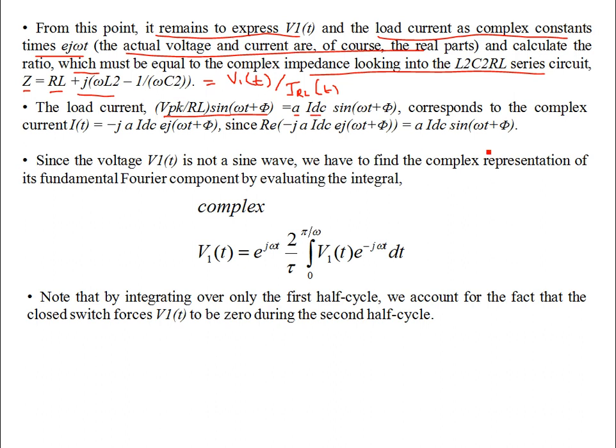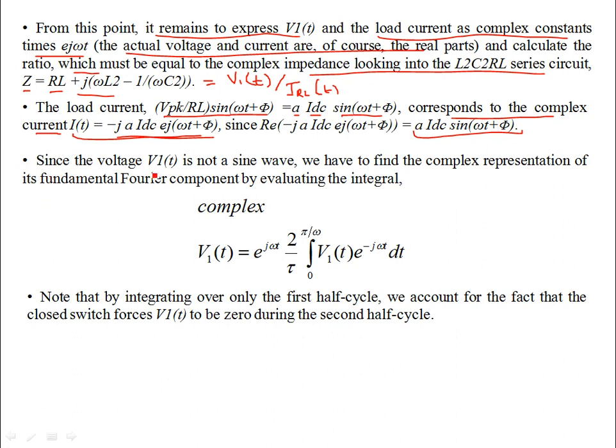So again, you have this load current in a sinusoidal form. The corresponding complex current can be written as minus j A IDC e to the j omega t plus phi. So the complex form is nothing but you keep the cosine and sines. Again, if you take the real part of this current, the real part is again the sine part. So that's your real load current.